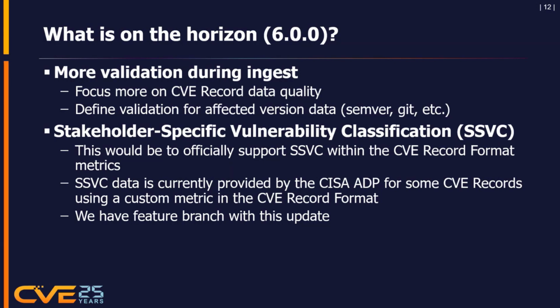If you have paid attention to the CISA ADP data, they do include SSVC data, but it's provided as a custom metric. We're not officially supporting SSVC in the record format, but with VJ's update, it will provide official support for SSVC.